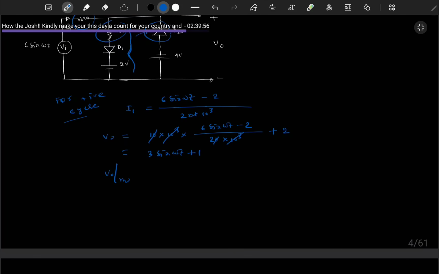So VO maximum of sine or cos theta is 1, so it will be 4 volt.